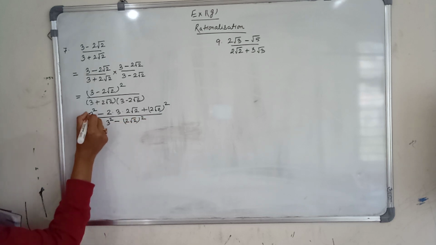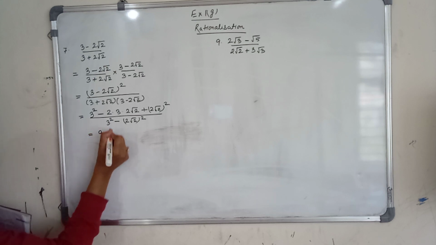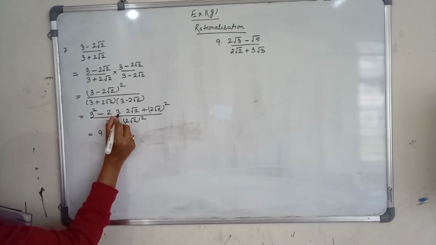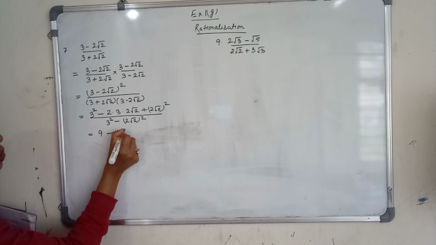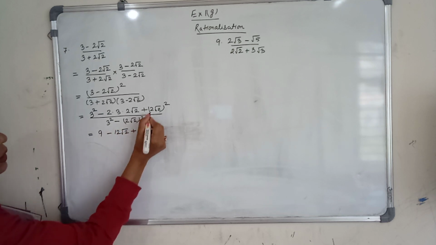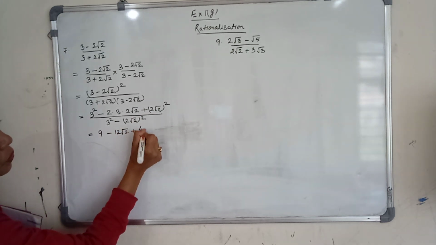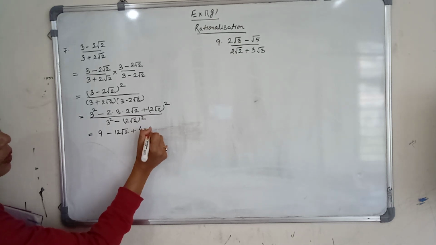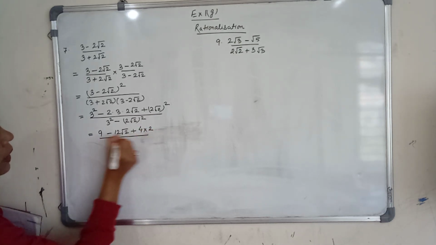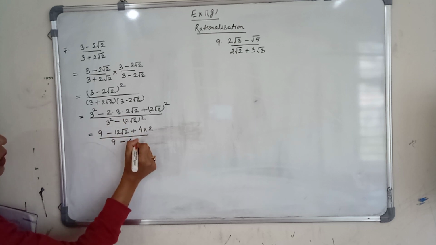Now solve it. 3 square means 9. 2 into 3, 6. 6 into 2 will be 12, 12 root 2, minus, this one will be 2 into 2, 4, and root 2 into root 2 will be 2. By 3 into 3 will be 9. 2 into 2 will be 4, and root 2 into root 2 will be 2.